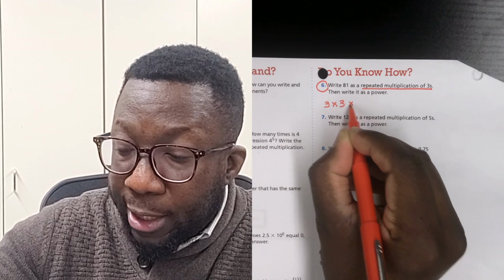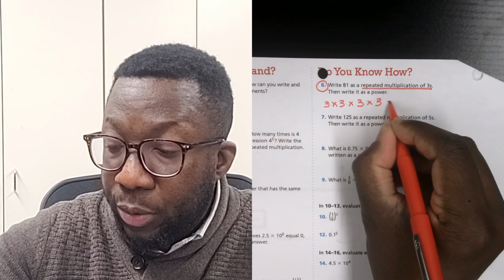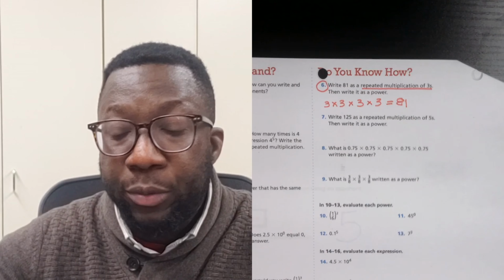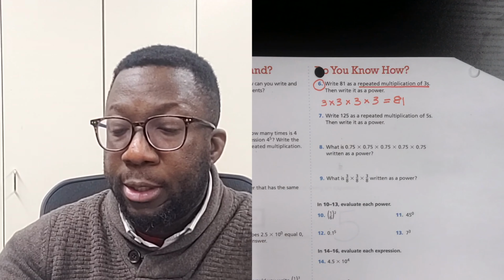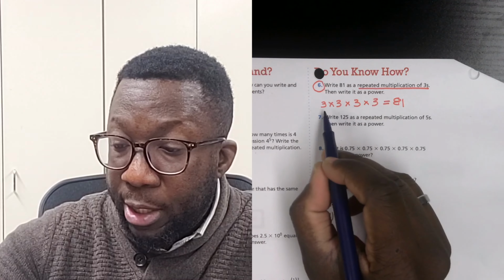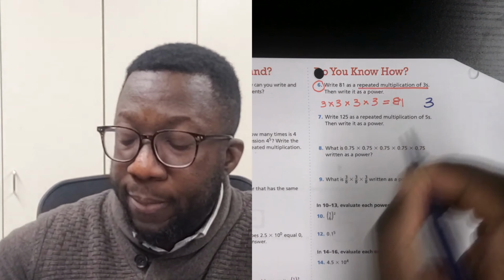So what does that mean, writing it as repeated multiplication? It's 3 times 3 gives us 9. 9 times 3 is 27. 27 times 3 is equal to 81. So that's writing it as repeated multiplication. How would we write this using an exponent? Well, we see that the 3 is what's being repeated, so 3 is going to be the base.